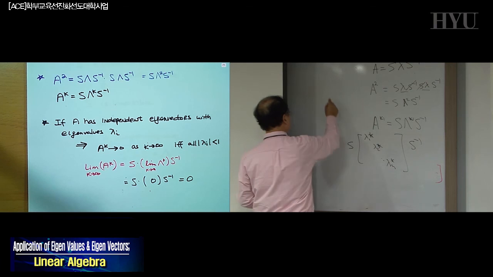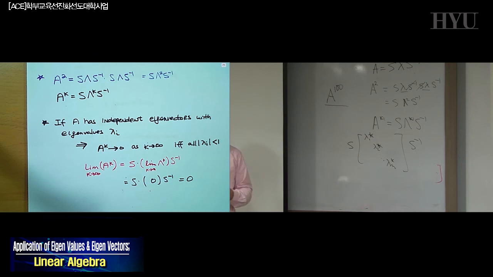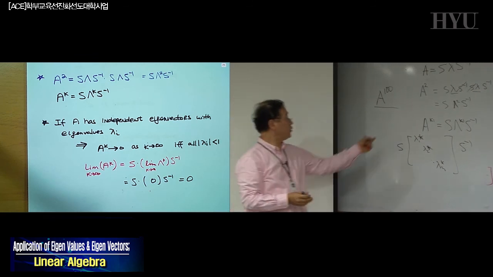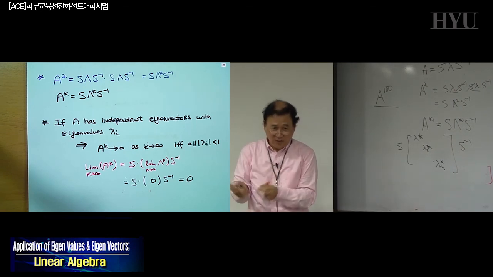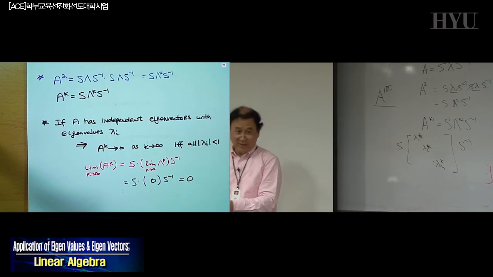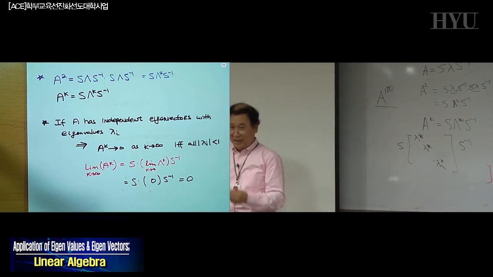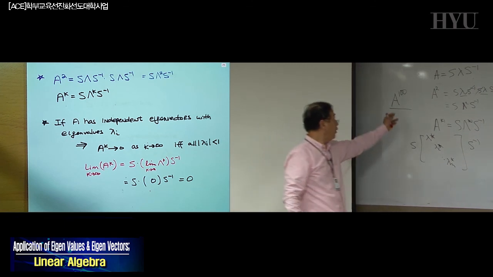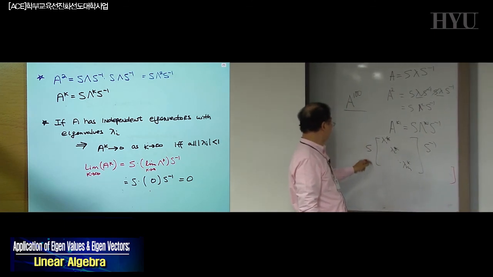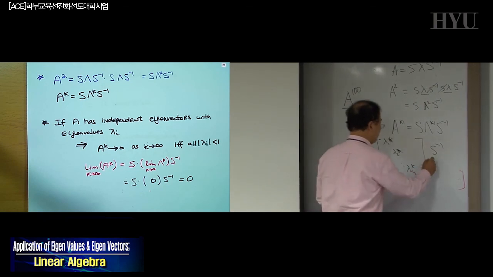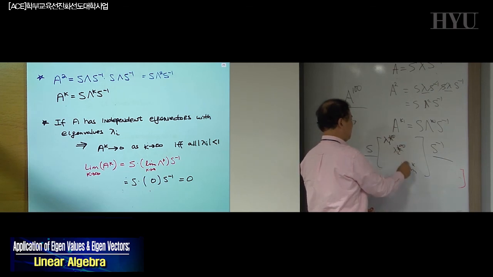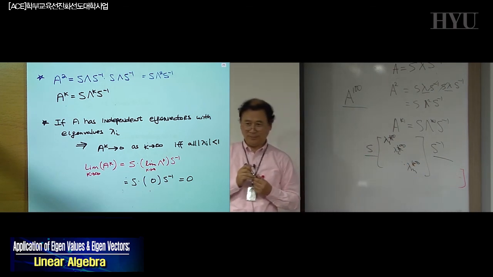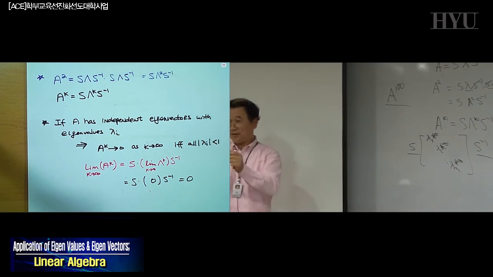So when I ask you to find A^100, usually when you compute A 100 times, you have many multiplications, right? A times A, again A, again A. You have to multiply again and again. When you have this relationship, no problem. I find S, I find this, then for the eigenvalues, just raise them to the 100th power, that's it. Much faster, right?